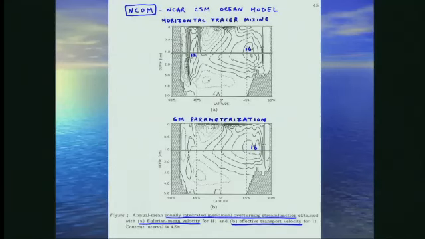And that, if the densities were almost the same all the way down, would then affect all the way from the surface to maybe 1 or 2 kilometers. And in the model, that was the mechanism to produce deep water formation.